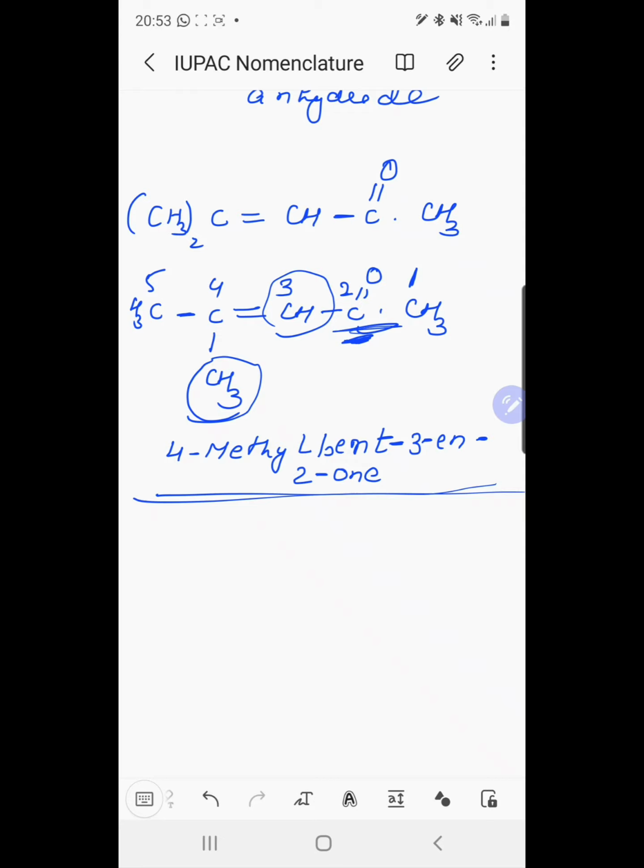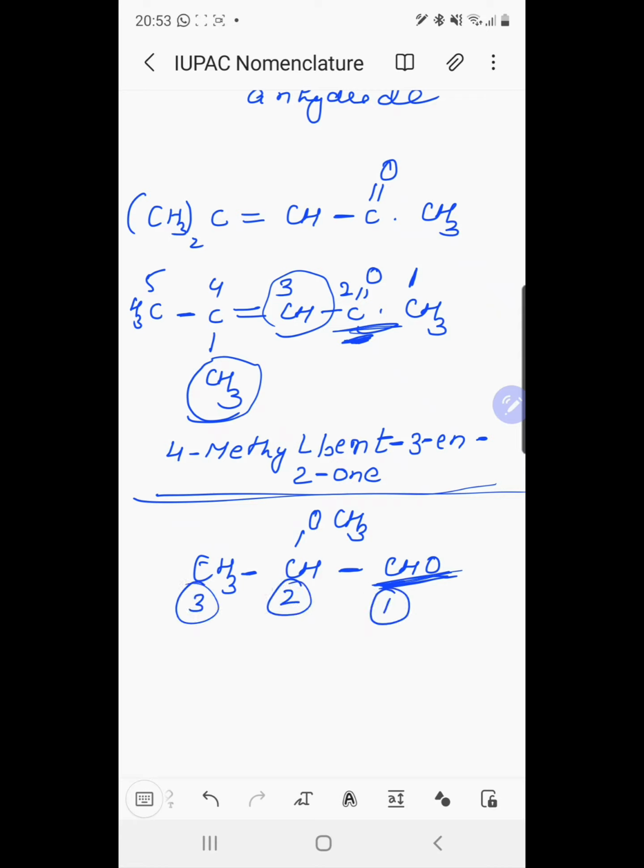Now for example, CH3, CHO, CH3. So this is the chain terminating group, which gets the first position, then second and third.